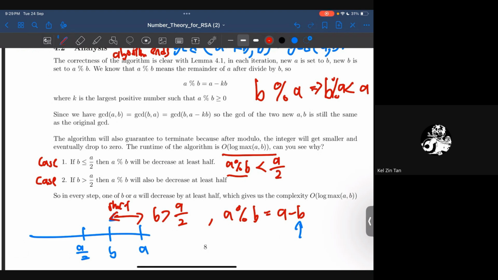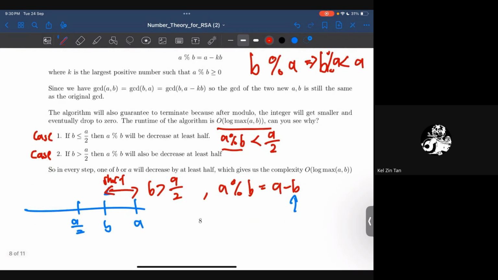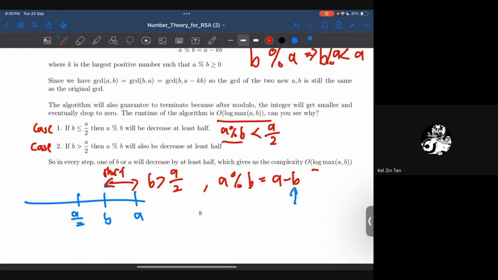So what we basically prove is that in every step, one of B or A will decrease by at least half. If you decrease by at least half in every step, then we have this log factor, because what we are trying to see is how many times we can divide by 2 until these things become 1.